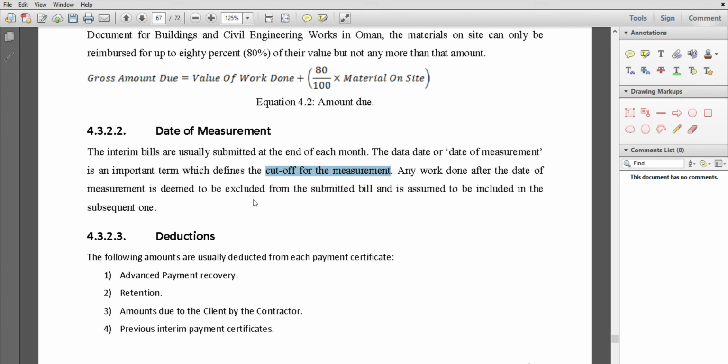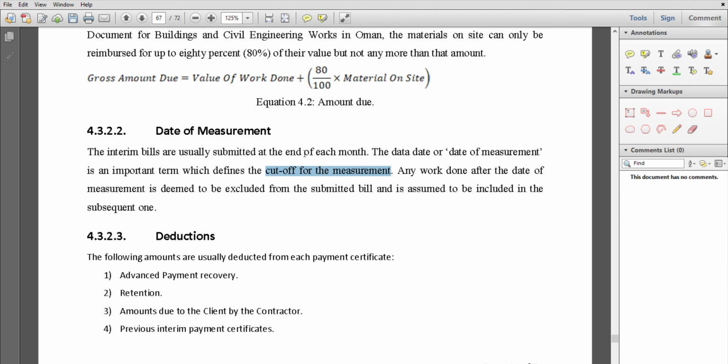But you are not allowed to calculate the work that you are expecting to be done within the process of certifying or approving your interim bill. For example, you say, I will take one week to get the approvals for the interim bill, so I will include the work that I am expecting to do next week.